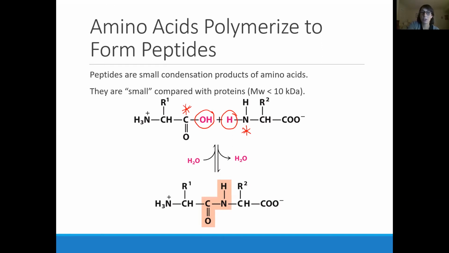In this reaction, a bond is directly created between the carbon on the carboxylic acid and the nitrogen of the amine between the two groups. This is called a peptide bond. And again, it's where this condensation of two amino acids has occurred.